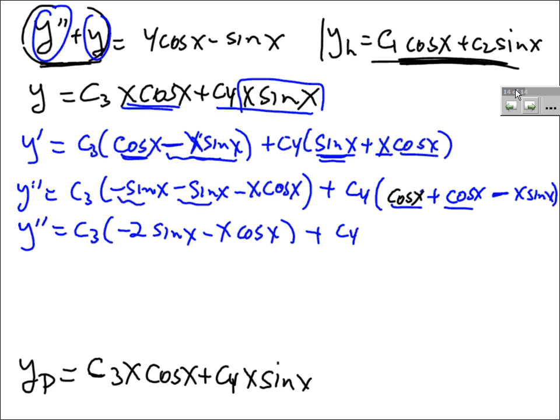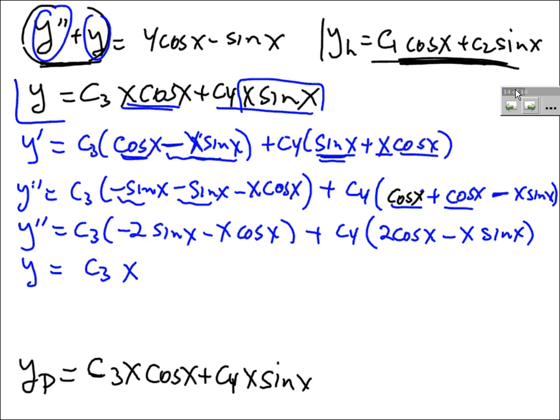Okay, cosine x plus cosine x is 2 cosine x minus x sine x. That's y double prime. And y is c3, just copying from here, x cosine x plus c4 x sine x.